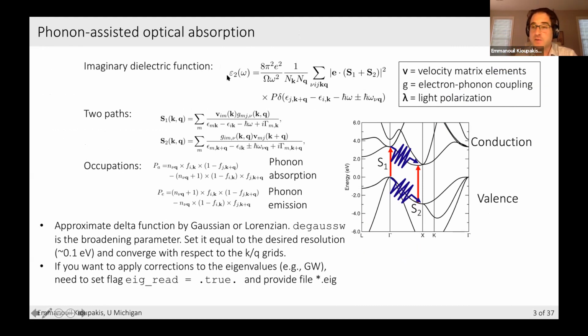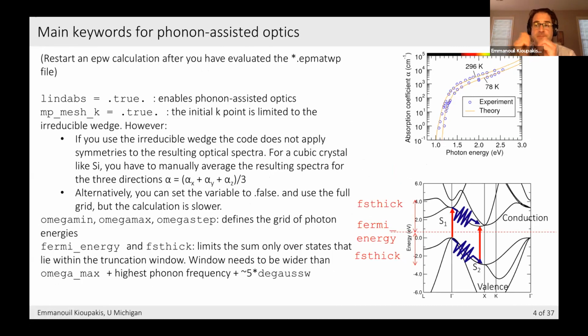Okay, so that's something you need to be careful about. It's a vector. So when you use symmetry, you've asked the code to use an irreducible wedge, but now the irreducible wedge breaks the symmetry because all of a sudden it's asymmetric towards one direction. It's okay for scalar quantities, but for vector quantities, you need to apply symmetry rules. So the code as it is right now does not apply the symmetries in order to properly rotate the spectra and give you the spectrum for your full crystal.